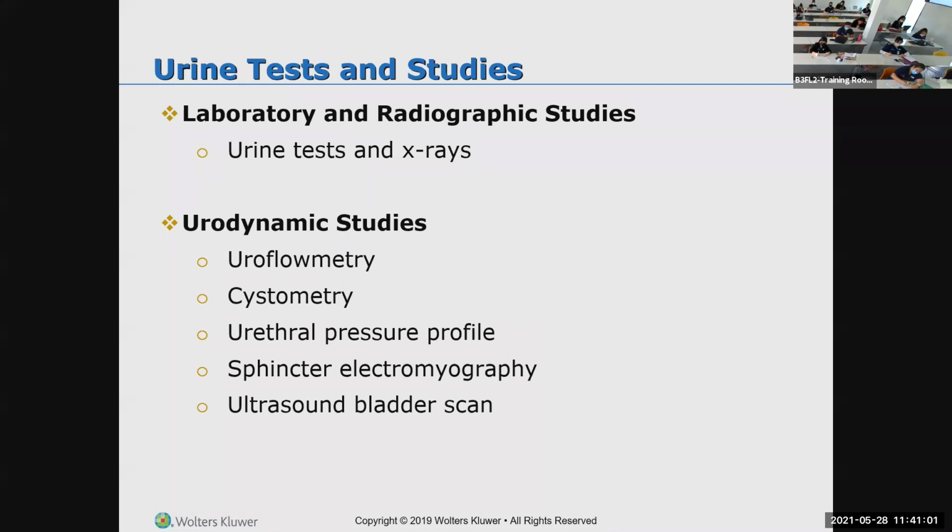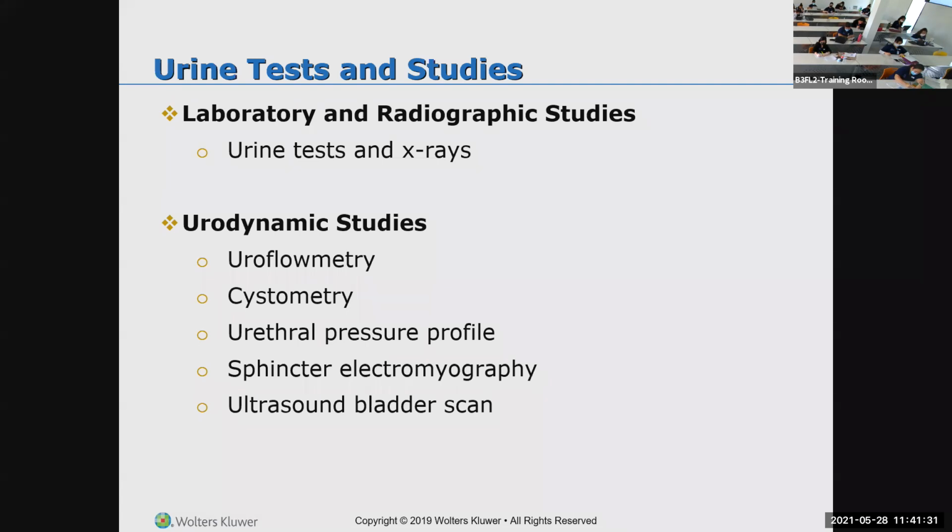Now we do have tests. Number one, urine tests and studies, laboratory and radiographic studies, urine test, and plain X-ray. We call it plain X-ray of KUB: kidney, ureter, urinary bladder region.